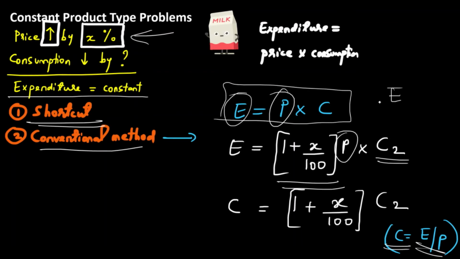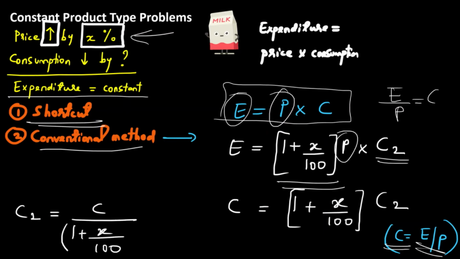E by P is equal to C. So we substitute that over here to get C is equal to 1 plus X by 100 into C2, and therefore you can say that C2 is equal to C by 1 plus X by 100, and you know X. For example, it could be 20% or it could be 25%, and using that you can find the new consumption, that is C2, and with that also you can find it. But we have already discussed some interesting methods with which we can find this much faster, and we will be applying it in future practice problems.